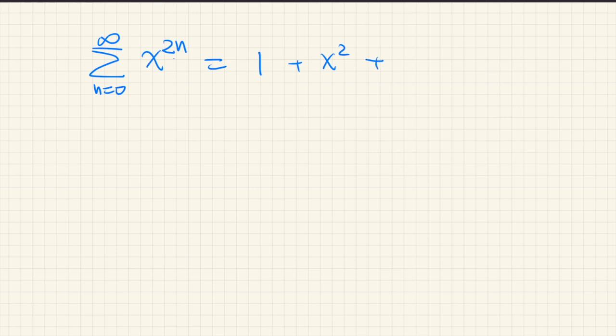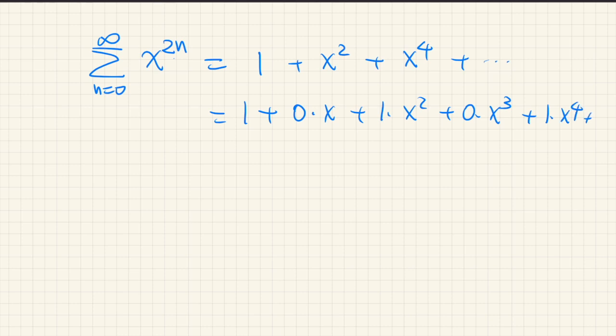When n is equal to 2, that's x to the power of 4, and so on. If we insist, we can write this as 0 times x plus 1 times x squared, 0 times x cubed plus 1 times x fourth, and so on.